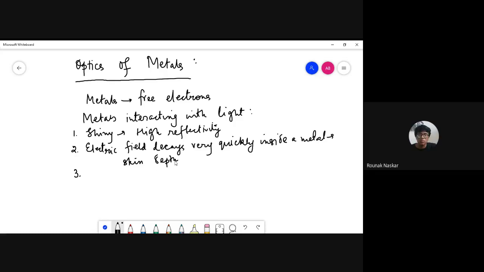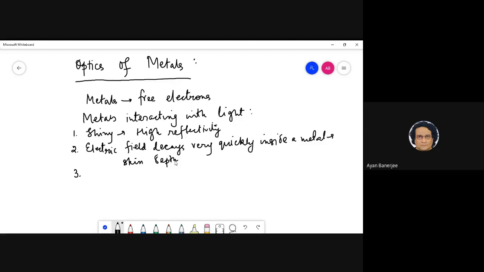As the current is mainly isolated on the surface instead of throughout the whole volume. But again, that is a detail. What I'm asking is a very generic effect, very basic consequence. If you have an electric field decaying very fast, what will that lead to? Now that you know Maxwell's equations, what will that lead to?